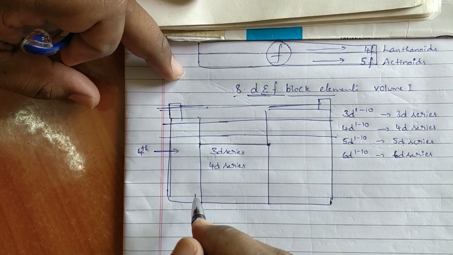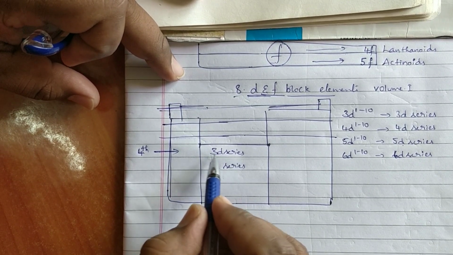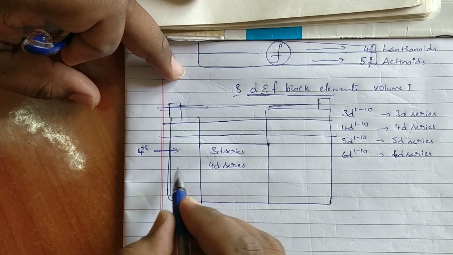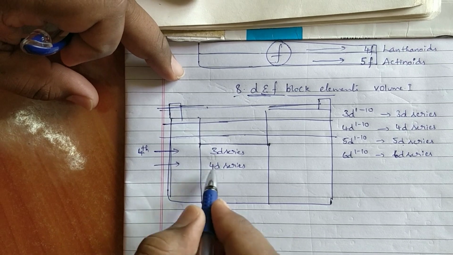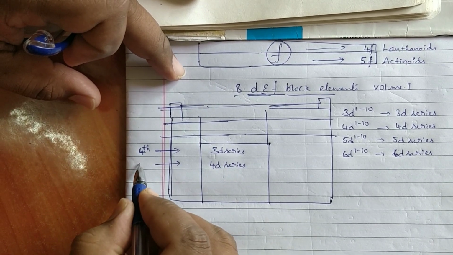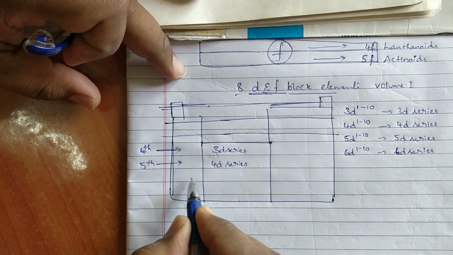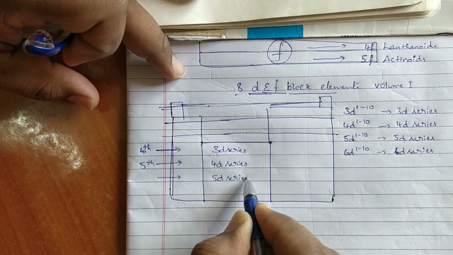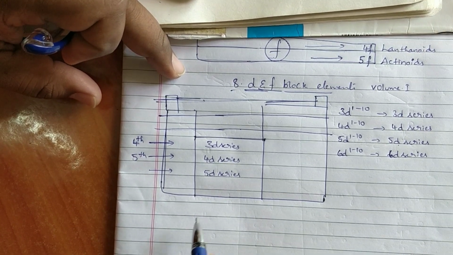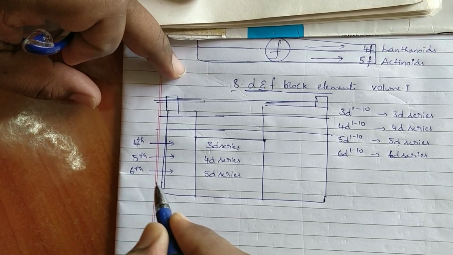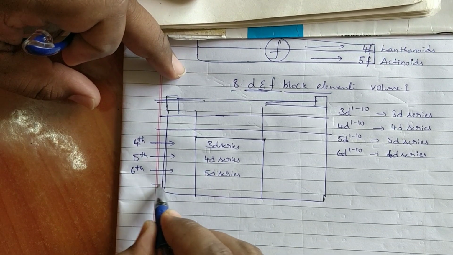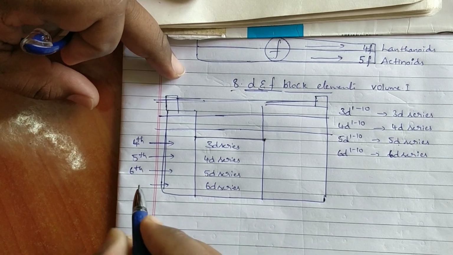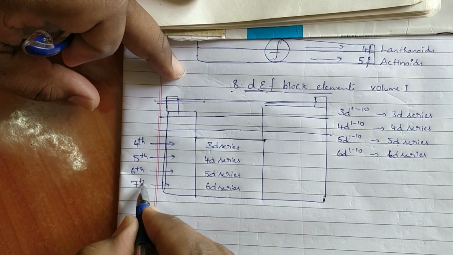Now the conclusion for you. 3D series belongs to the fourth period. 4D series belongs to the fifth period. 5D series belongs to the sixth period. 6D series belongs to the seventh period.